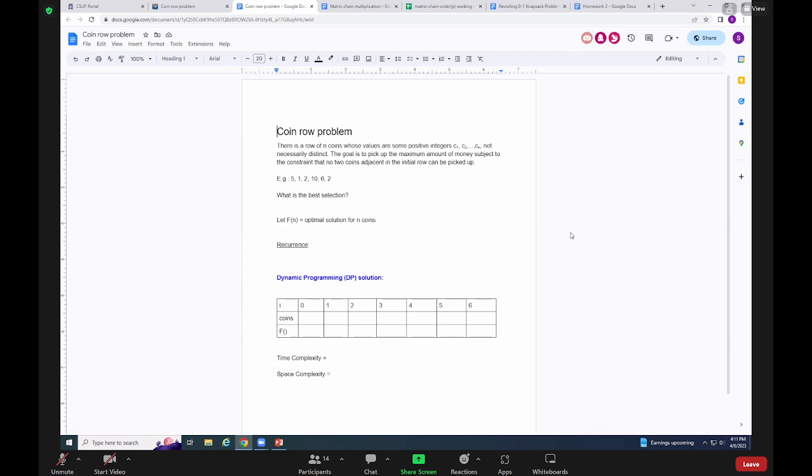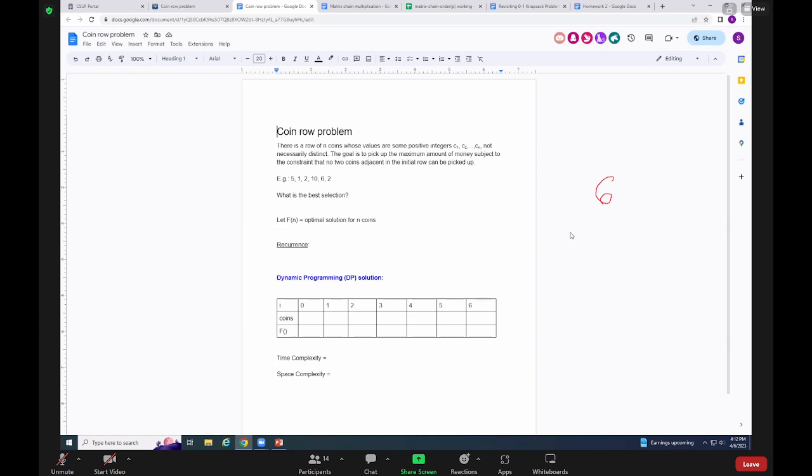So what do we have here? In this example, we only have 6 coins, but we could have any number n of coins, right? So those C1, C2, Cn are the denominations or the value of each coin.